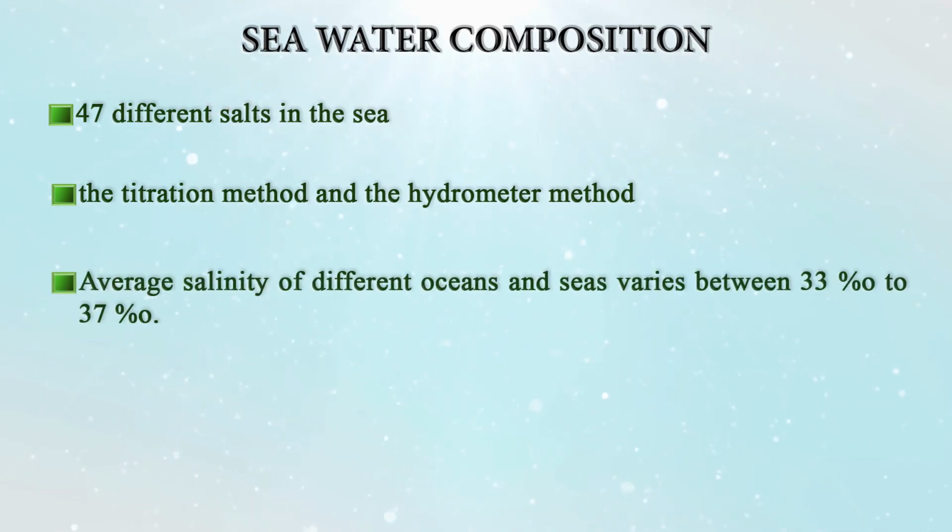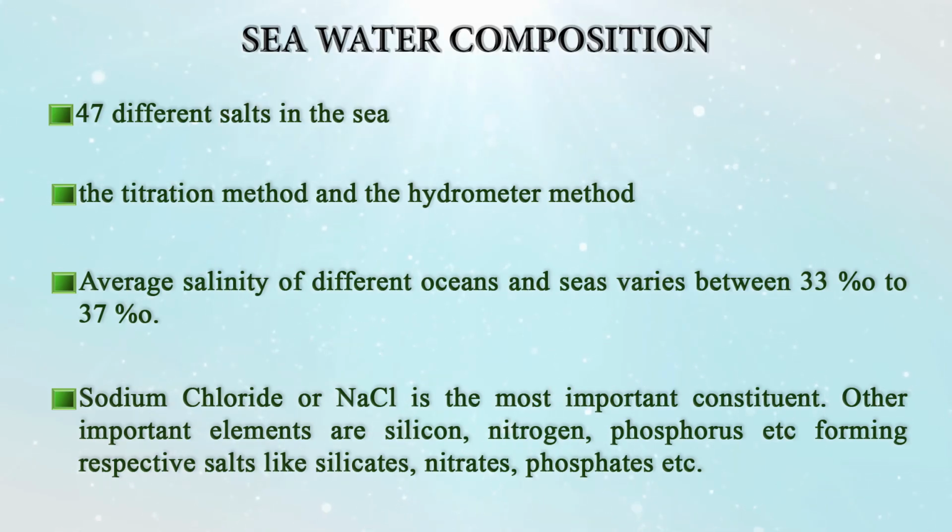Average salinity of different oceans and seas varies between 33 per thousand to 37 per thousand. And as I have already told you, sodium chloride is the most important constituent of seawater. Other elements are silicon, nitrogen, phosphorus, etc., forming respective salts like silicates, nitrates, phosphates, etc.